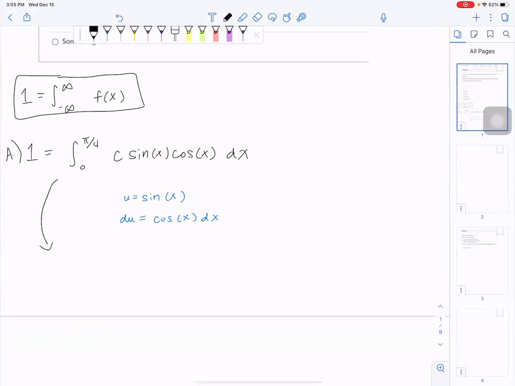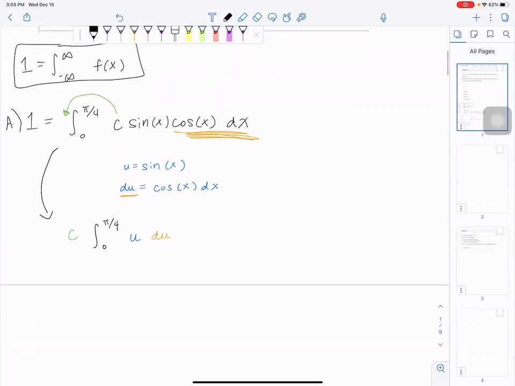So right now I'm just solving this integral. I'm going to take the c, the constant, and move it out just for clearness. And we're doing the integral from 0 to pi over 4 of, we're substituting sine of x for u, and cosine x dx is du. So now we have the integral of u.